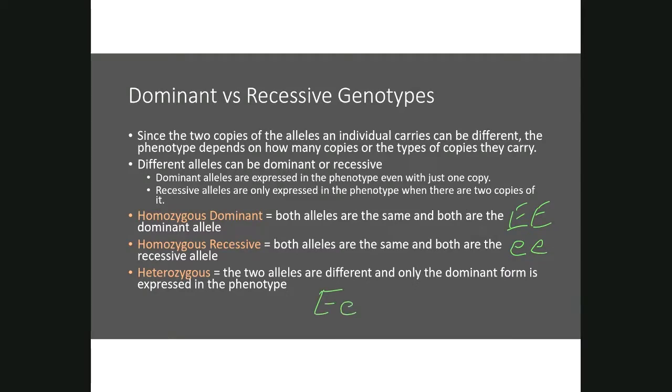All right, so in the case of the heterozygous here and the homozygous dominant condition, in this top case here, the dominant physical characteristic of having unattached earlobes is expressed.